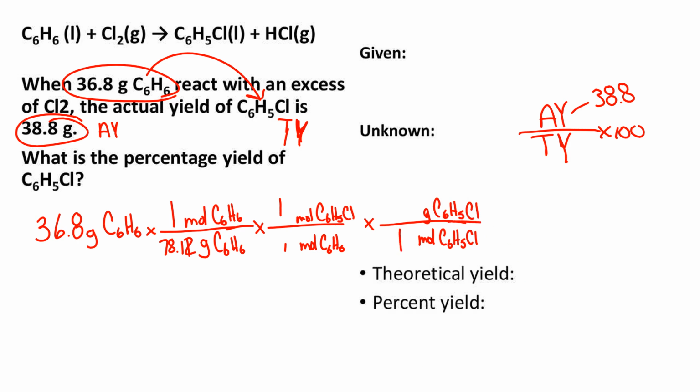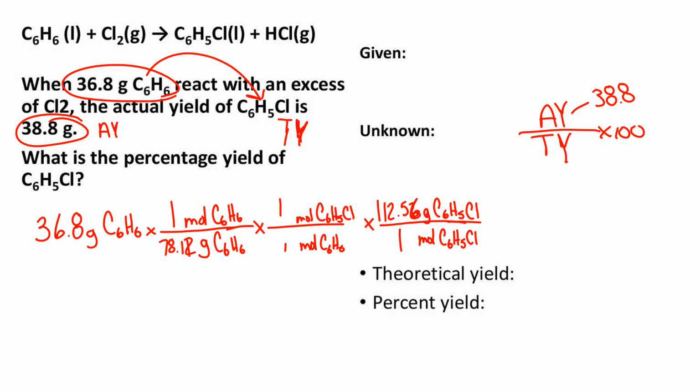For every 1 mole of that, for my molar mass of chlorohexane, I get 112.56.